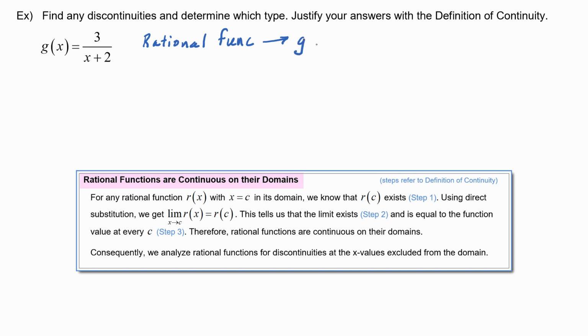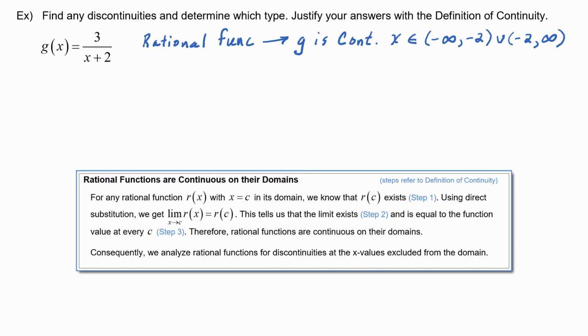So G is continuous for x on the interval. We just have to exclude -2 from the domain. So the intervals will be -∞ to -2, union -2 to infinity.